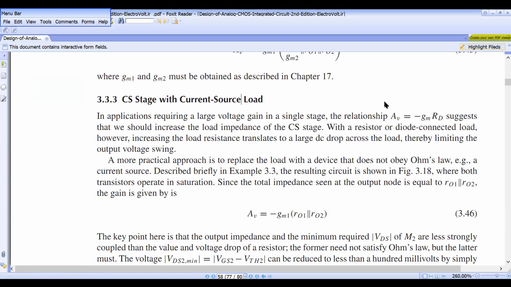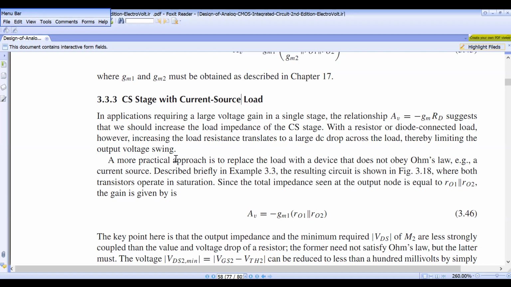If RD increases, the drop increases, so Vout decreases. Then you get the voltage swing problem. That is the main issue. That limits the voltage drop, thereby limiting the voltage swing.